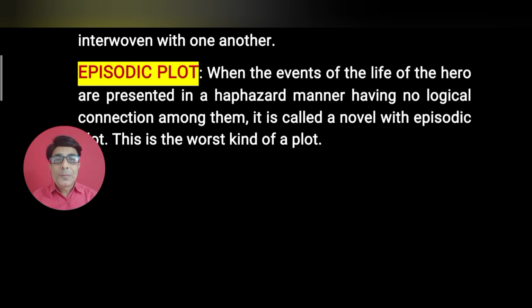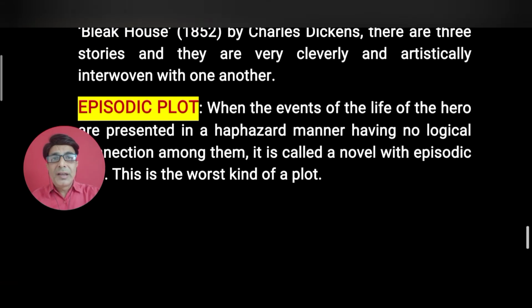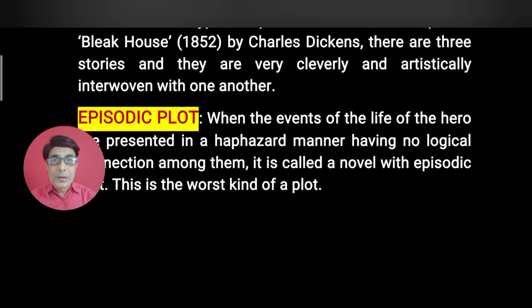Okay, so friends, here we come to the end of this discussion on the types of plot. Let's now recollect the whole discussion by saying that plots are very important in a novel. They are the heart and soul of the novel. What is a plot? The definition is that plot is a series of events logically connected with one another.